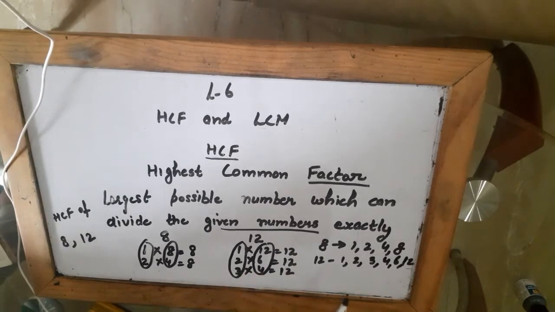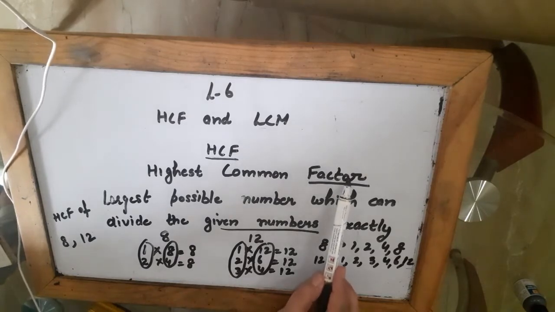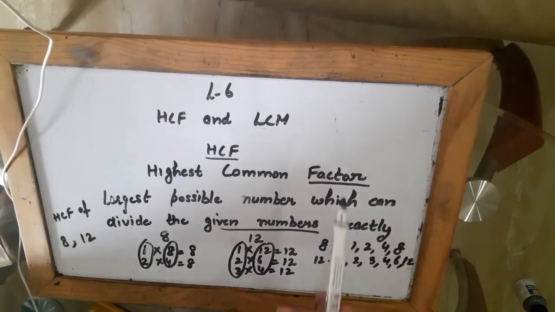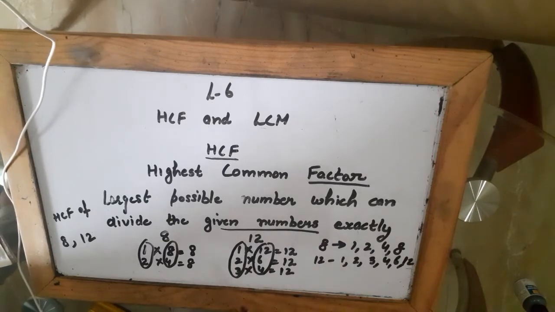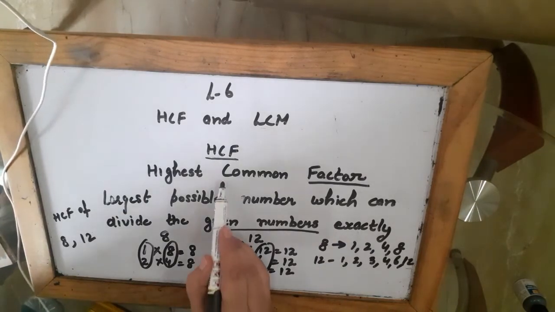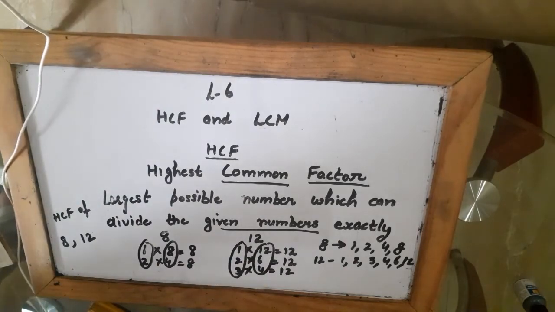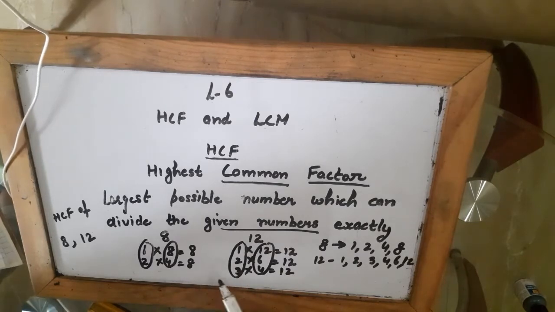So I have taken out the factors of both the numbers which are given. Okay, now in the first step we have found the factors of these numbers. Now the next step is common, which means that we look for the common factors of each of these.